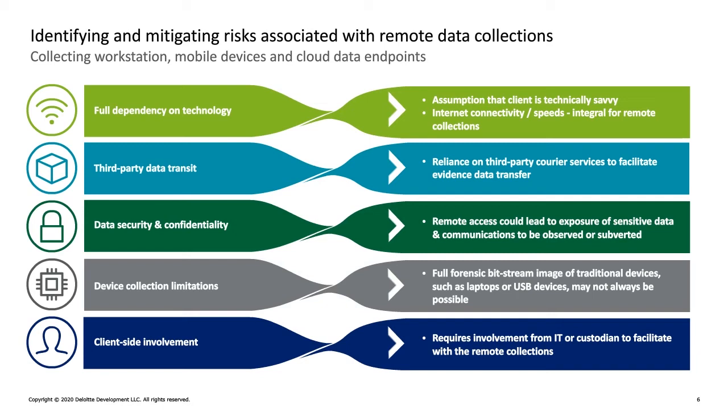Without it, you're going to be limited in your techniques. Second, you're going to rely on some kind of courier. If you're not going to do it over the internet 100%, you're going to rely on some courier service to provide that data transfer to the custodian and then back to yourself. And yes, things get lost in the shuffle.